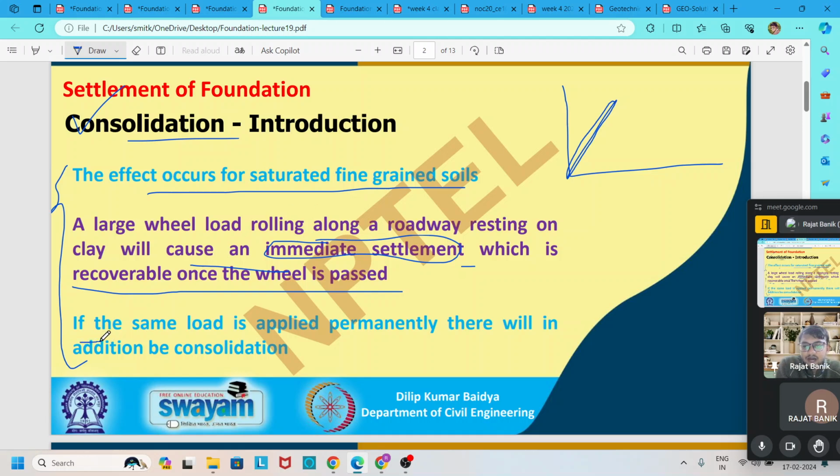But if the same load is applied permanently, there will in addition be consolidation. That means if you continuously apply the same load, it crosses our elastic limit, and after the elastic limit plastic failure occurs. That means consolidation settlement may take place.